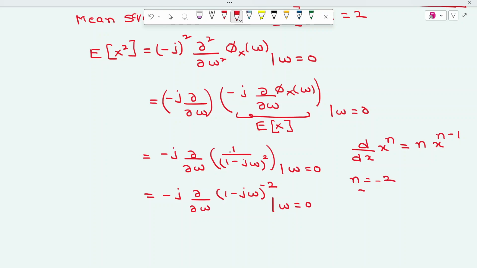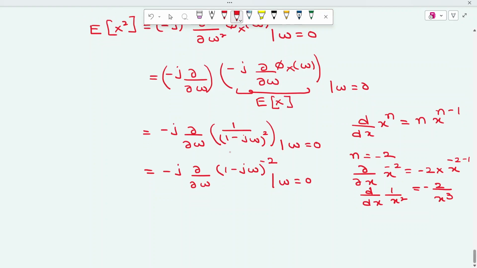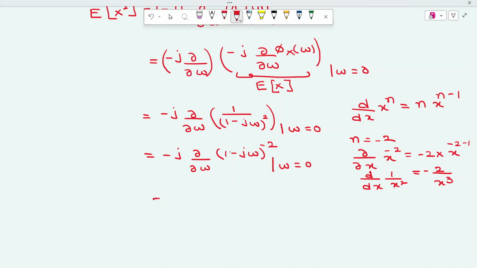If you take n is equal to minus 2, it is minus 2 into x power minus 2 minus 1. Minus 2 minus 1 means minus 3. So we can write this as minus 2 by x cube. So d by dx of 1 by x square is minus 2 by x cube.